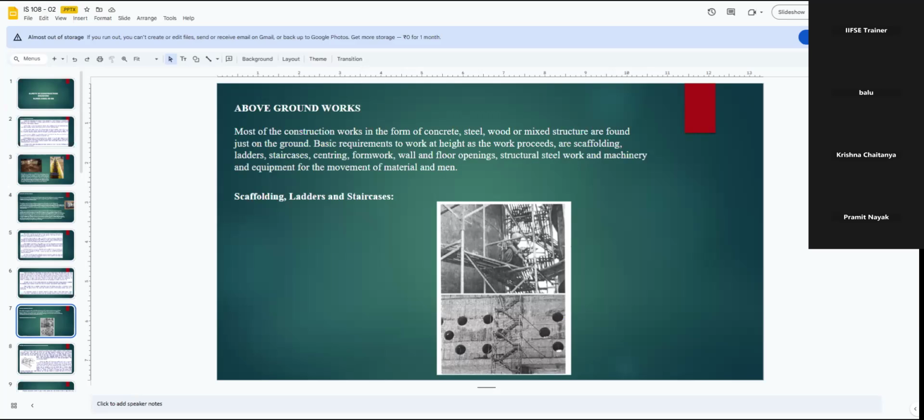The basic requirements to work at height include work procedures, scaffolding, ladders, staircases, centering work, formwork, wall and floor openings, structural steel work, as well as machinery and equipment for the movement of material and men. So basically, we make these platforms or provisions especially for the movement of material as well as machinery and equipment.